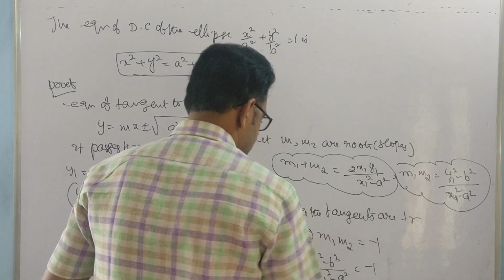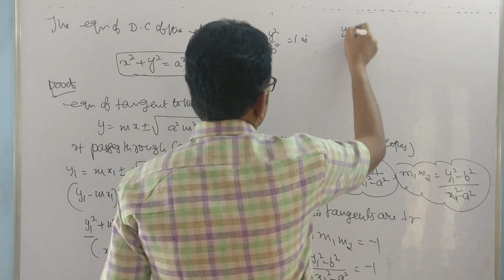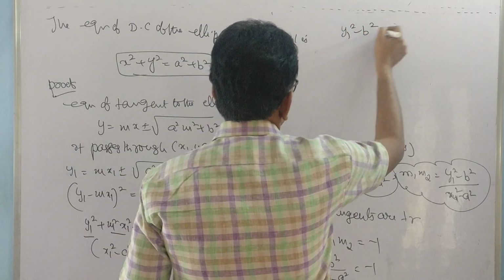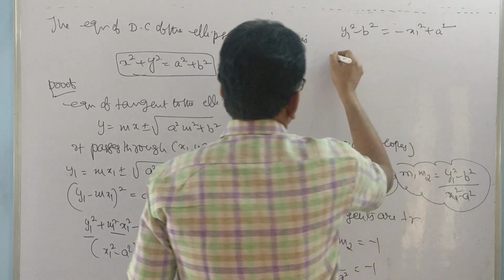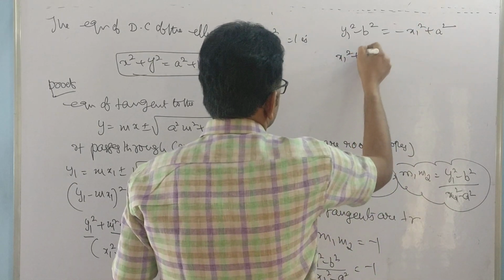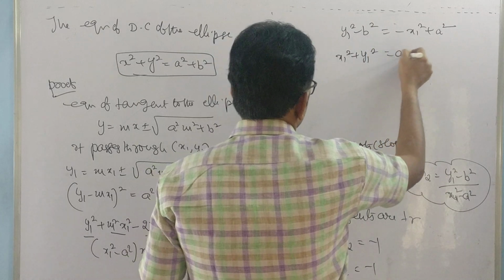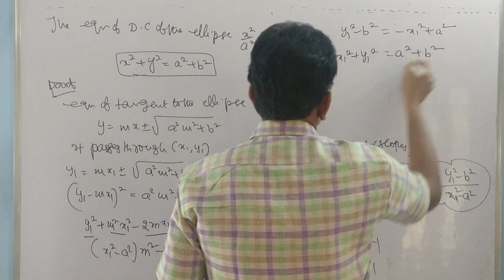By cross multiplication, y1 square minus b square is equal to minus x1 square plus a square. That is, x1 square plus y1 square equal to a square plus b square.